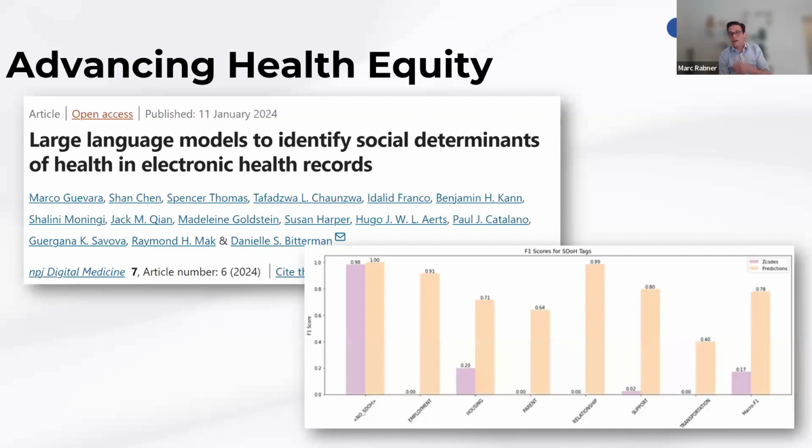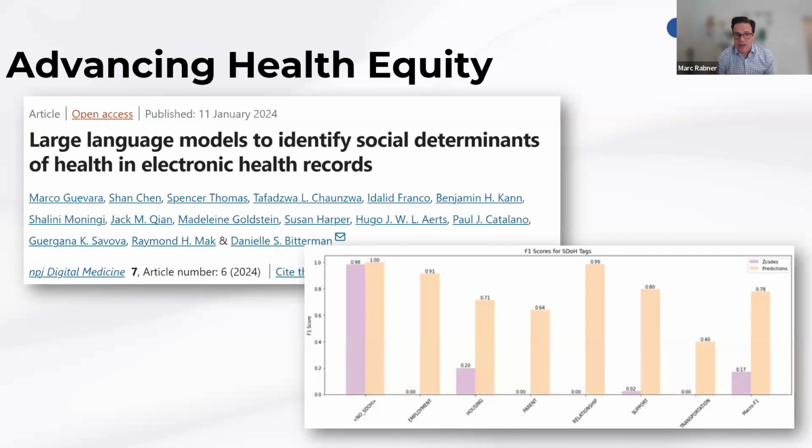And this tool accurately identified social needs in 94% of patients solely from the existing clinical documentation. In the graph on the bottom, the purple is Z codes, the orange is the predictions from the AI. You can see the AI outperforming Z code coding. Z codes are really only captured in about 2 to 3% of patient visits.